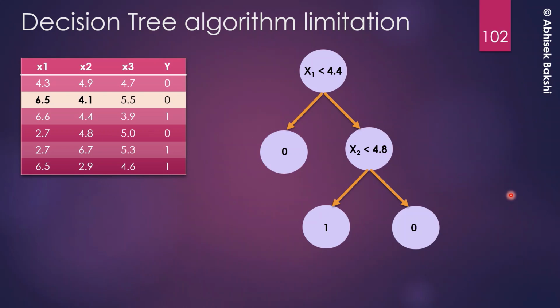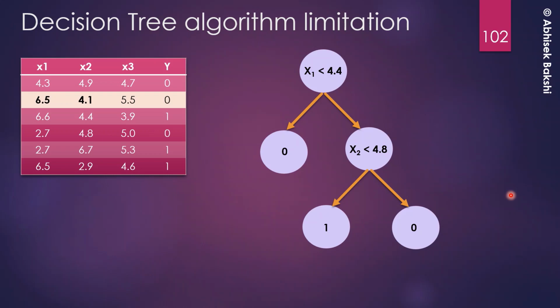So from this example, what we can understand is that a decision tree is very highly prone to outliers. This is an outlier, you can say, right? Or some noise. And this is a very major limitation in the decision tree. How to solve this? Here the random forest comes.